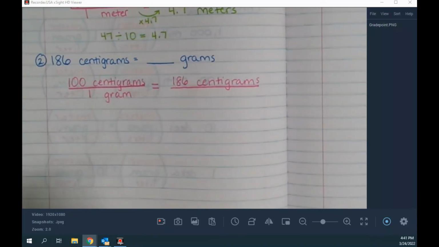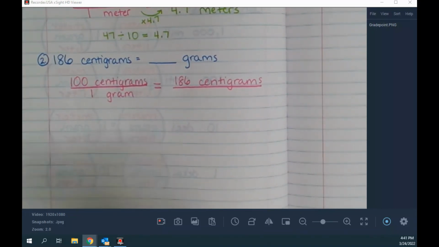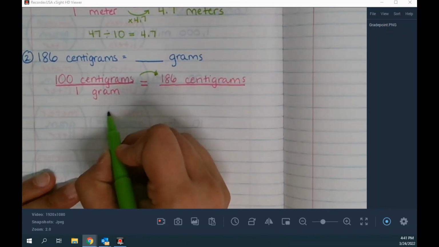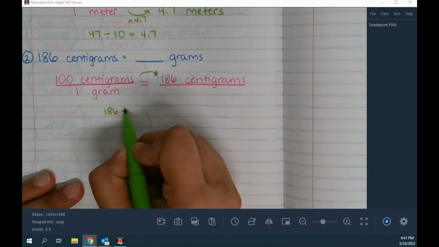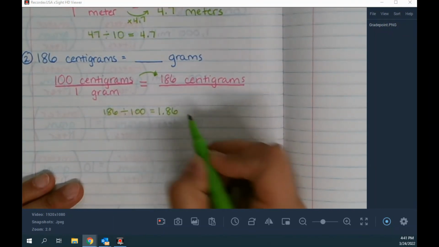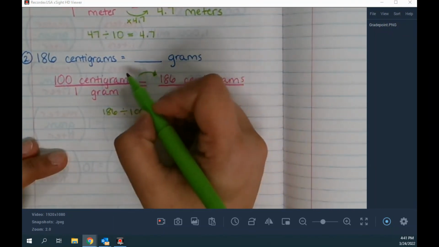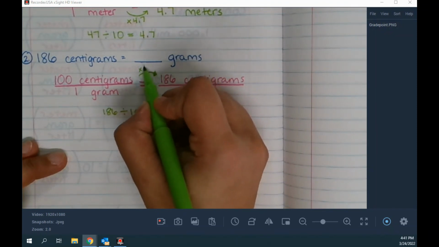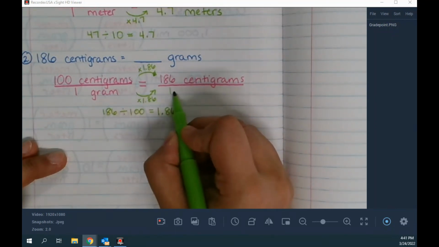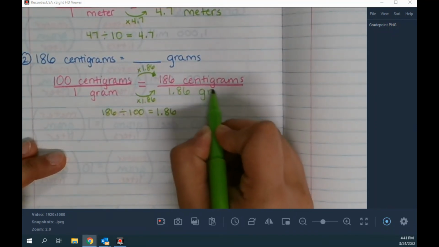Again, I've got to figure out how to get from 100 to 186, and you can use division to help. So 186 divided by 100 gives us 1 86/100. So I've got to multiply by 1 86/100 for both my numerator and denominator, which gives me 1 86/100 grams.